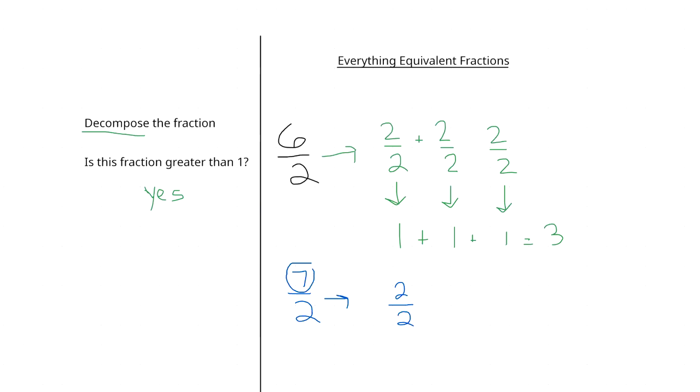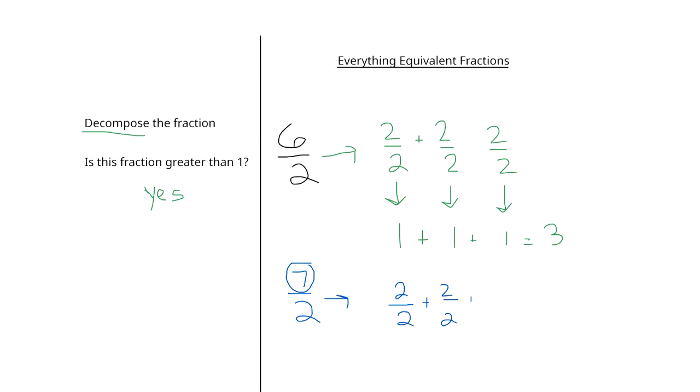You might say, well, why didn't I pull out a 1? Well, I know 2 over 2 equals 1. So I'm going to pull that 2 out. So now I'm still left with 5 more that I have to pull out. Here we go. We have 2 over 2. Again, 2 plus 2 is 4. I'm going to keep going.